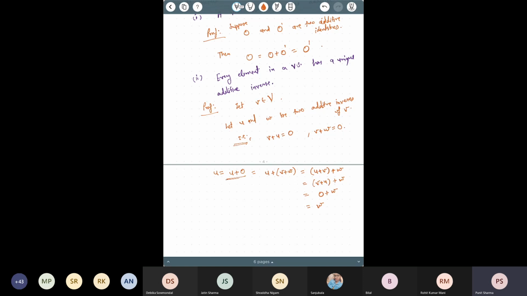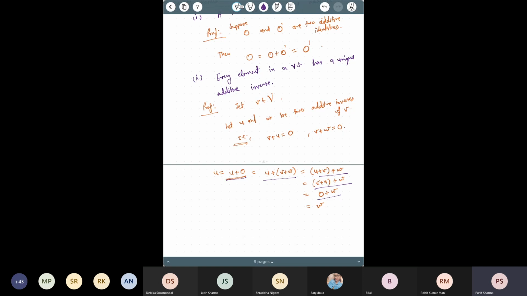Here the additive identity, then the additive inverse, then associativity, then commutativity, and then again the additive identity. So in many cases without realizing, we are using some of these facts, but actually because of this reasoning we are able to use them.